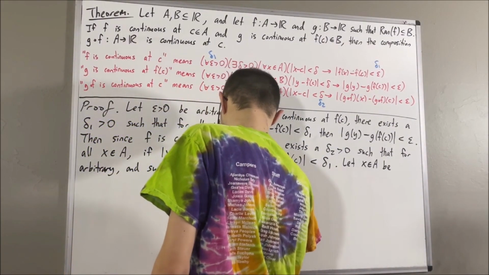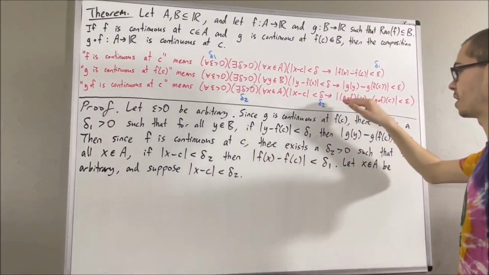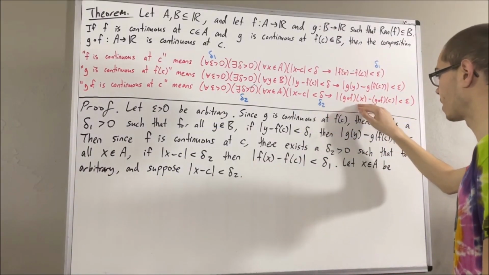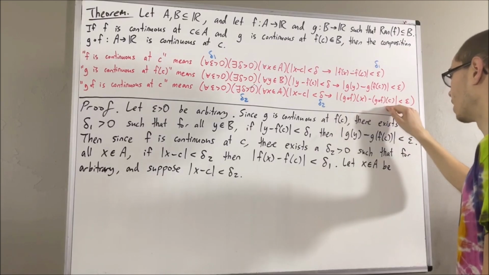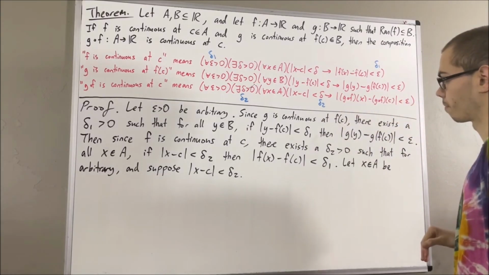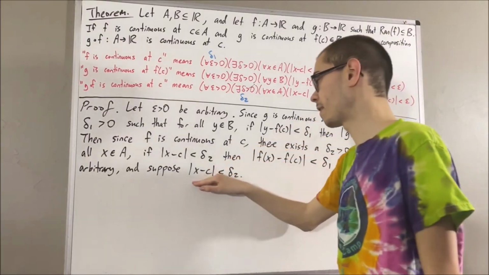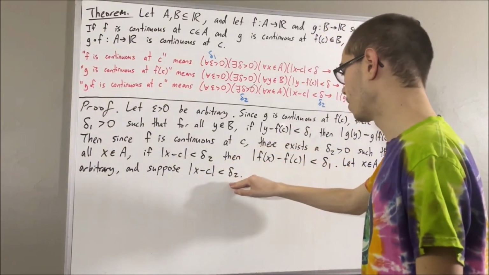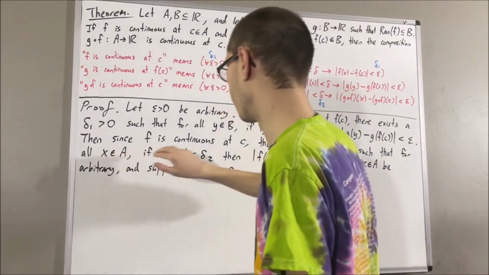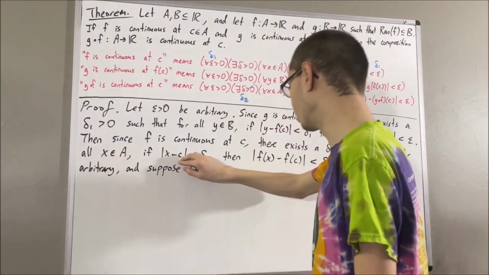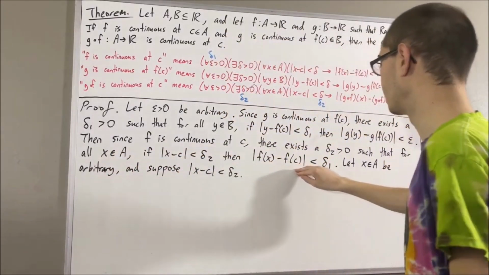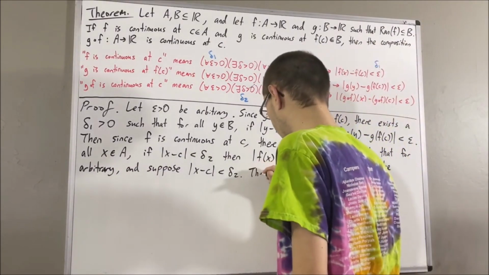From here, the whole goal is to show that the absolute value of g compose f of x minus g compose f of c is less than epsilon. Now first, since x is an element of A with the property that the absolute value of x minus c is less than delta 2, that tells us x satisfies both of these conditions. So we can conclude the absolute value of f of x minus f of c is less than delta 1.